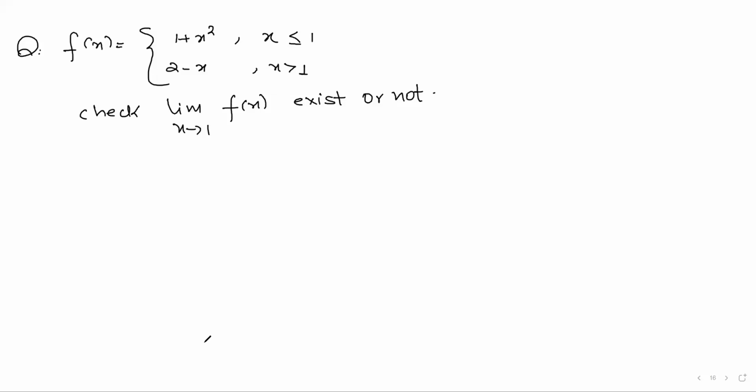Sparsh, this done? Sir, I'm trying. Okay, okay. You're finding the left hand limit or right hand limit right now? The left. Okay, please share your answer once you get the left hand limit.